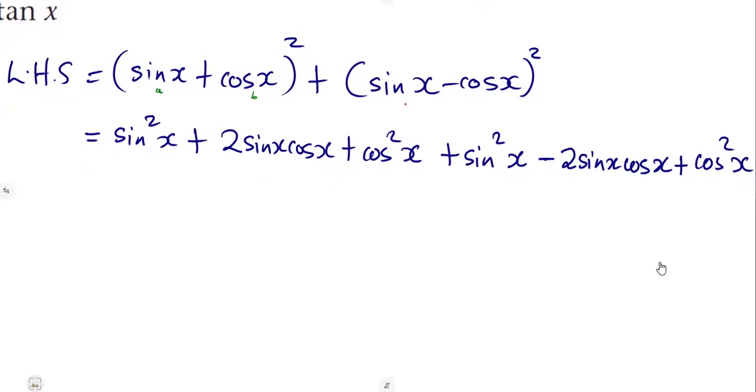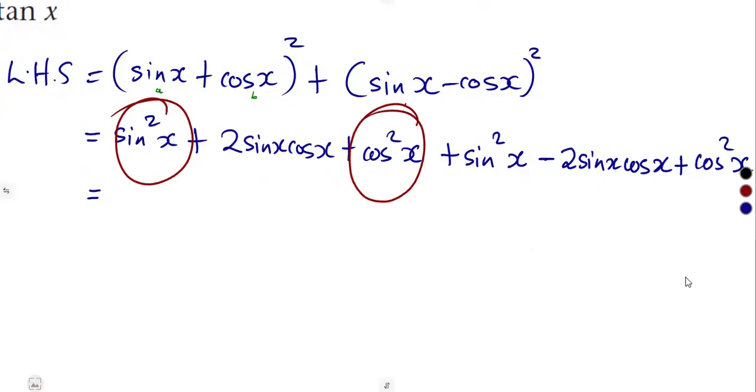Do we have any like terms? If they are like terms, we can add the like terms. Or if they are identities that are proven mathematically to be correct. We have something, guys, sine squared, cos squared.